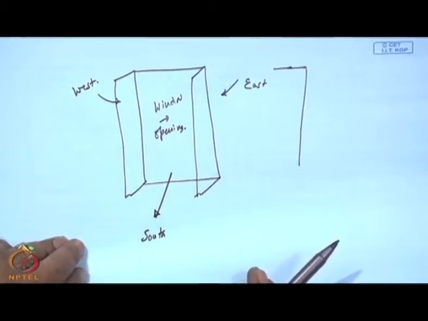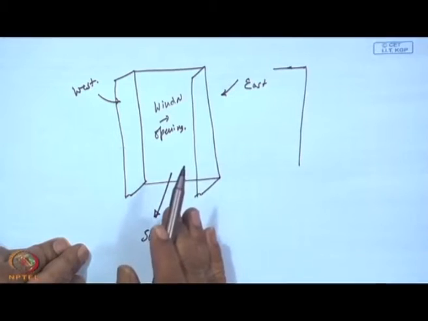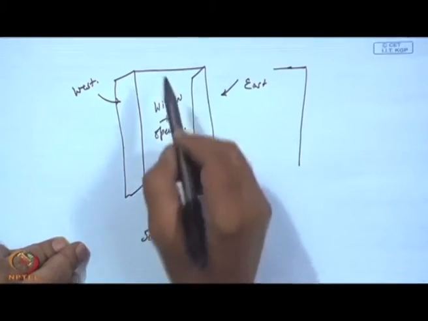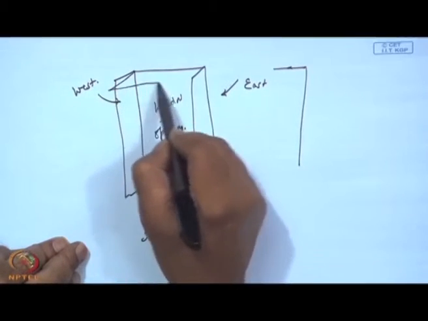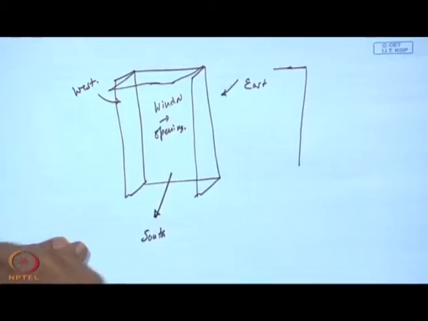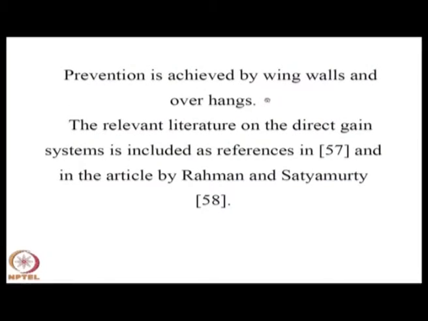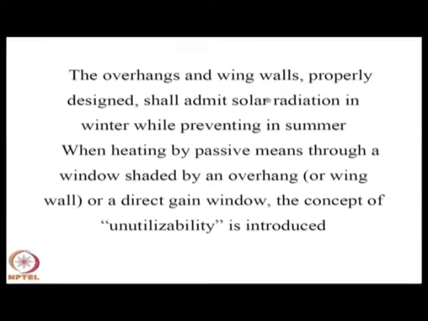So, consequently, they will project some kind of a box type of structure which will not allow the sun to enter. And if you combine it with an overhang also, it can be completely shaded as you desire. There is quite a bit of relevant literature in references 57 and 58 on the overhangs and the wing walls, but the basic things I shall cover over here.